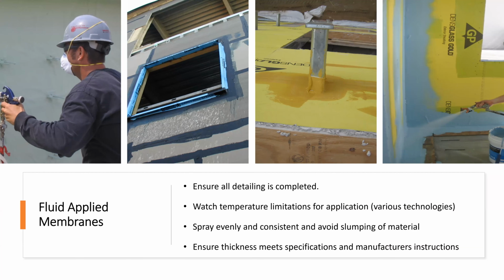So none of these materials have the ability to jump gaps. So that's where we're going to look for things such as all the joints and seams pre-treated prior to the application of the spray or the liquid applied happening. So a lot of the legwork with these materials is all the prep work. The spraying part's pretty straightforward.